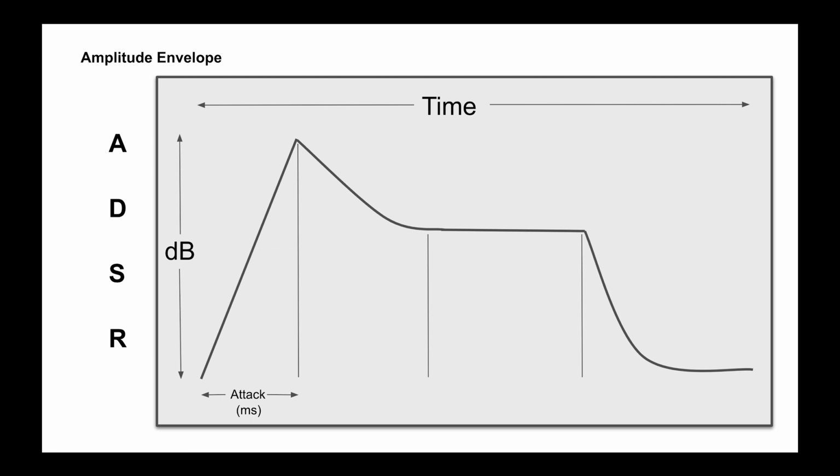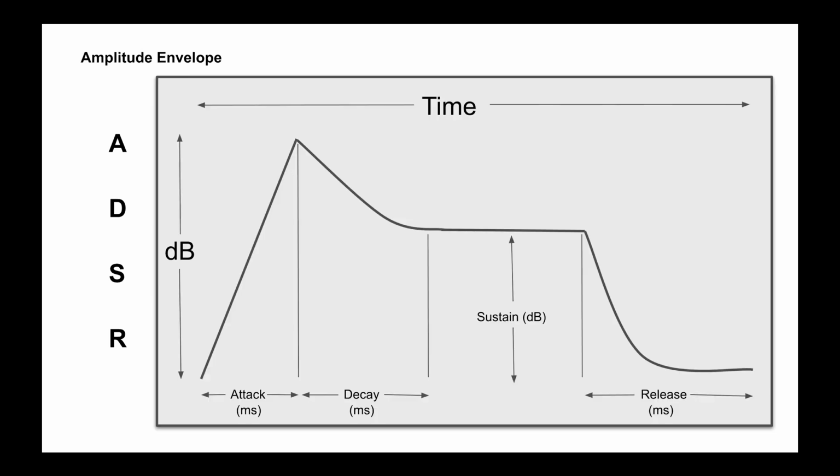The next one is the decay time. How long does it take for that sound to reach its sustained level, which is the next block, right? The next block is sustained level. It's measured in decibels. And then the fourth block, sorry, is the release time. When I release the note, how long does it take that sound to reach nothing again? Okay?